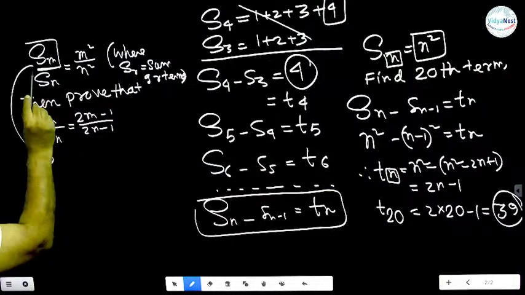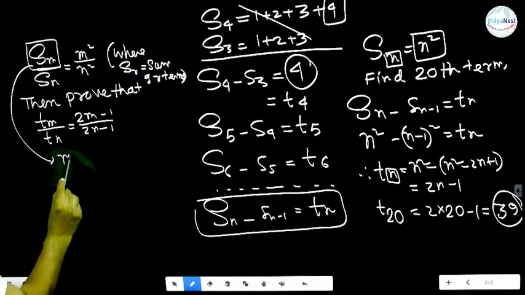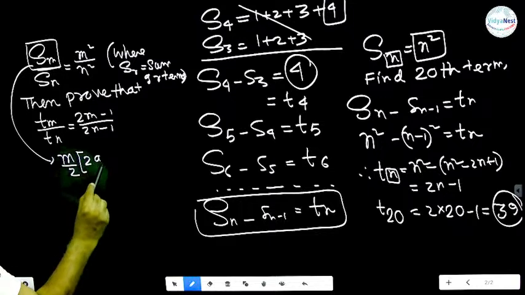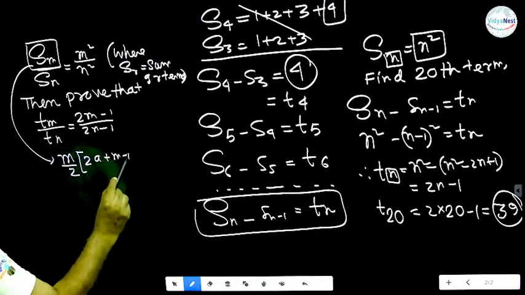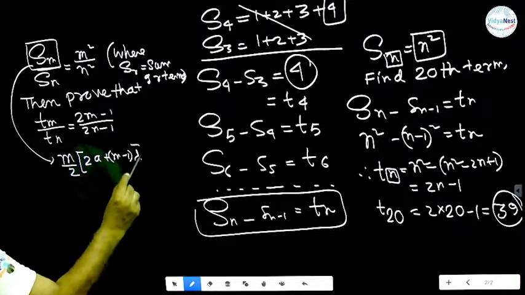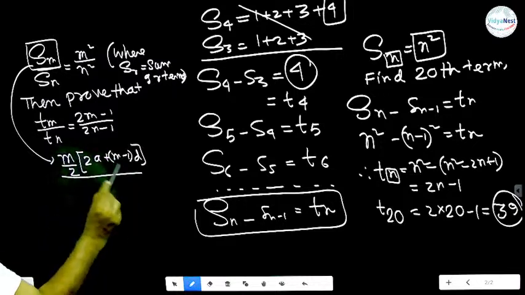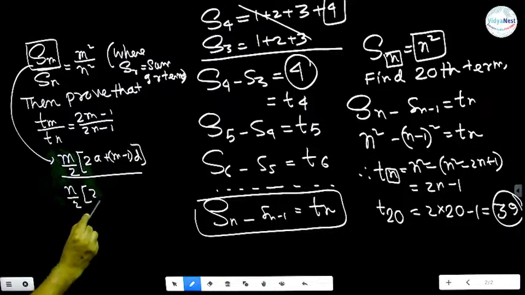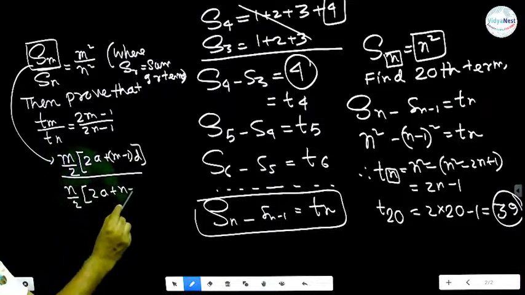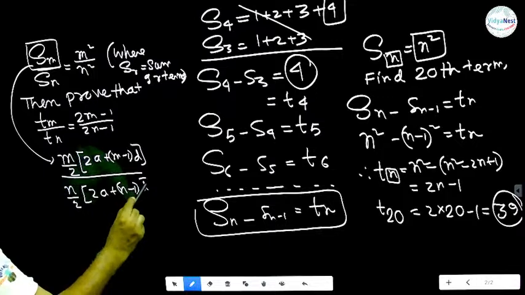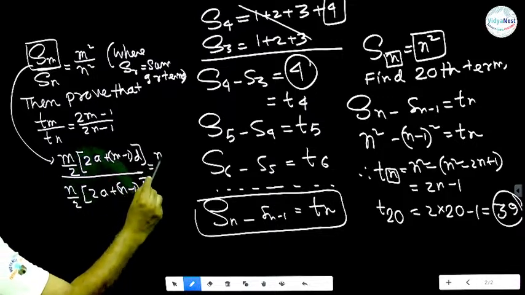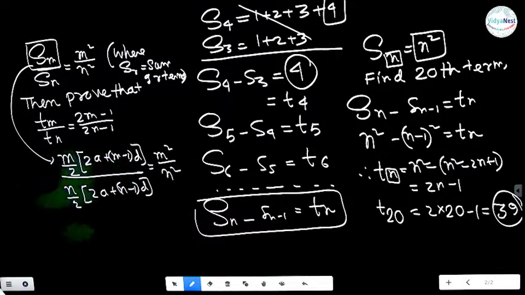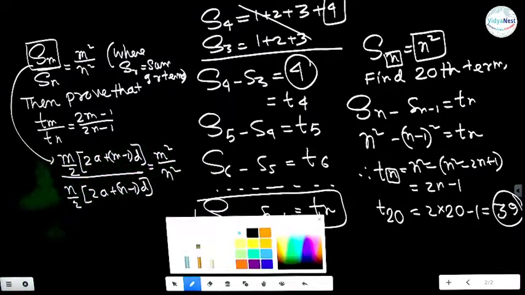Instead of Sm, you write m by 2, 2a plus m minus 1 into d, divided by Sn, n by 2, 2a plus n minus 1 into d, that is m square by n square.